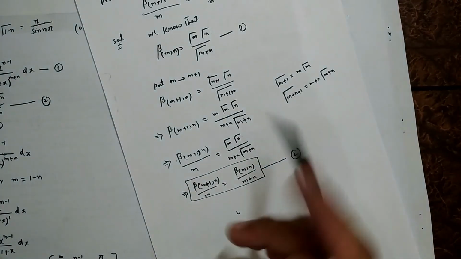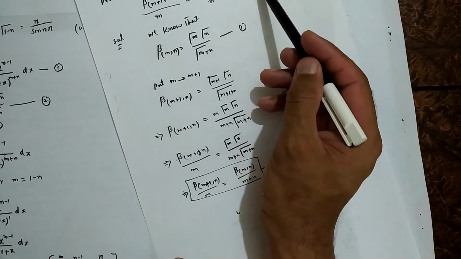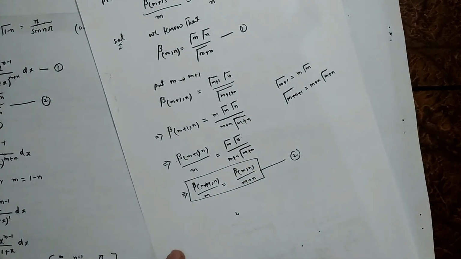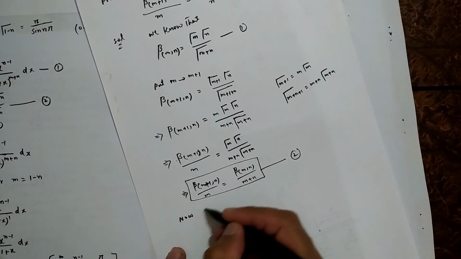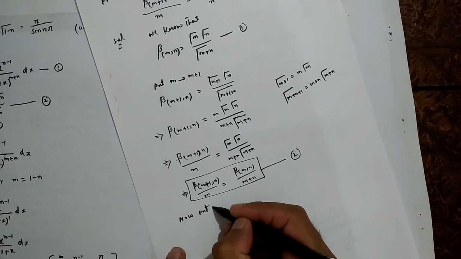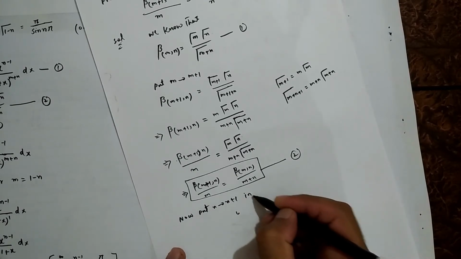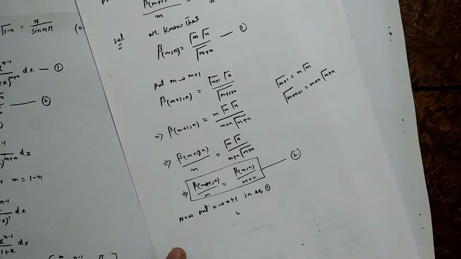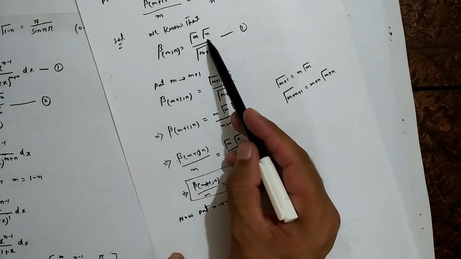Now we have to prove that beta (m, n+1) upon n is equal to this one. In the same way, put n equal to n plus 1 in equation number 1. Now replace n by n plus 1.